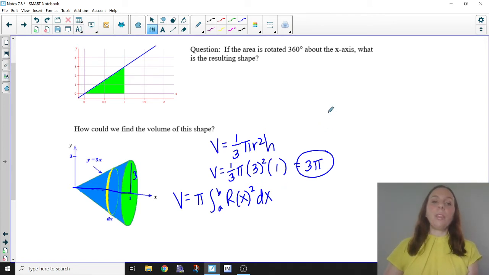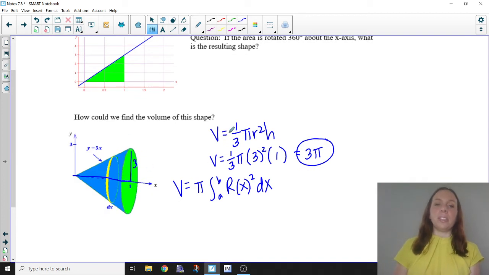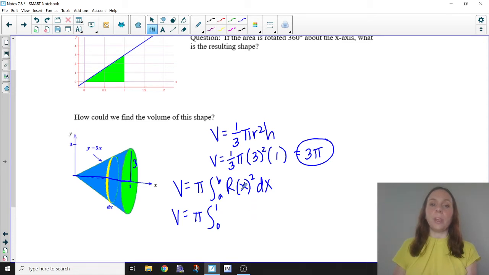Okay. How can we apply this formula to this example? Well, in this example, our interval, let's start with something simple, is from 0 to 1. So that would be the limits of integration on our integral. The R of x is going to be, if we look at this cross section right here, this length, which is from the x-axis up until you hit the function.